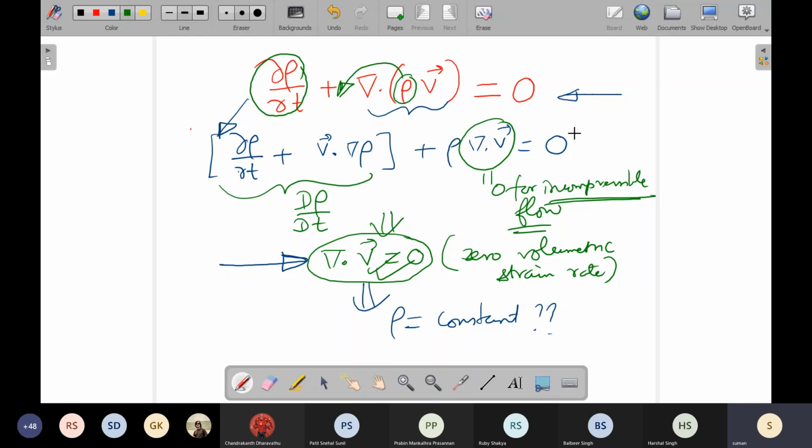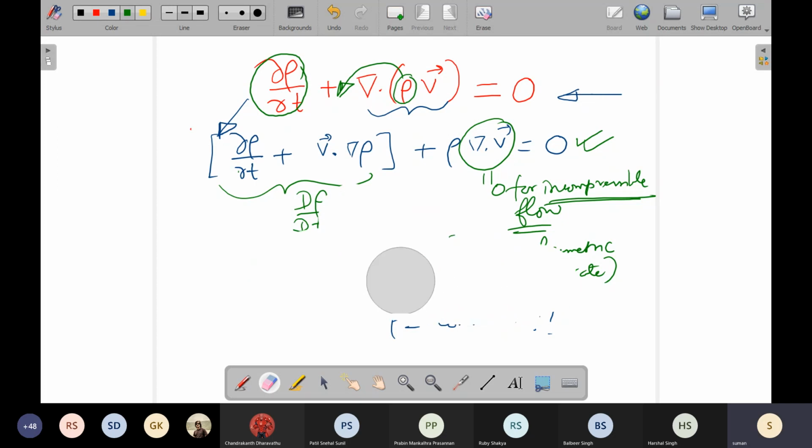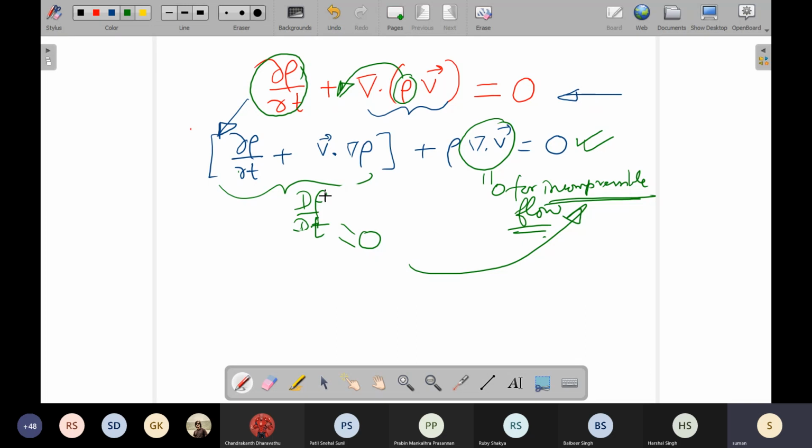So to satisfy this total thing to be zero, the other term in the equation also has to be zero. In other words, this one also has to be zero for incompressible flow. Not directly but indirectly. Directly it is because of this, but because the total of this is zero, the other term will also be zero.